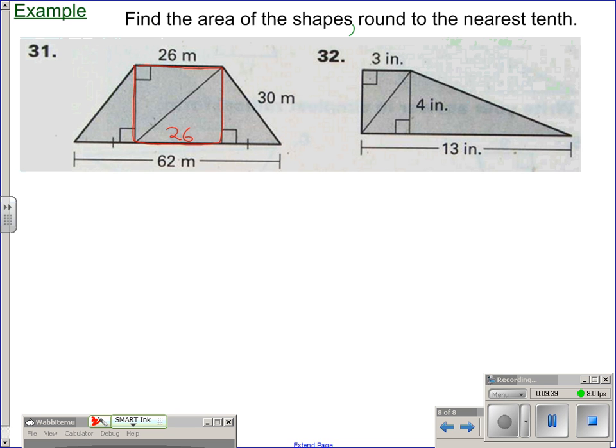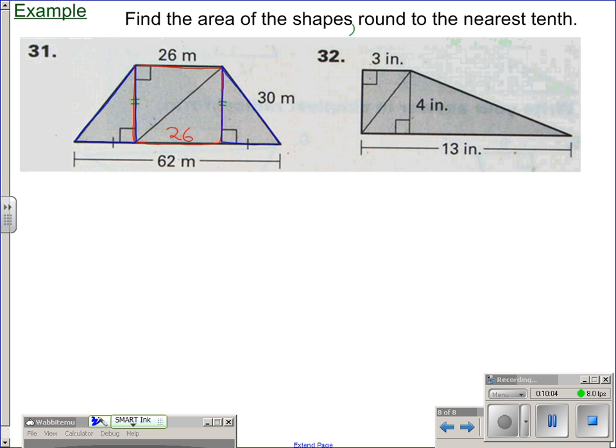What we have are some triangles, and if this is a rectangle, these 2 sides are going to be congruent to each other, which means this right triangle and this right triangle are congruent to each other by side angle side.